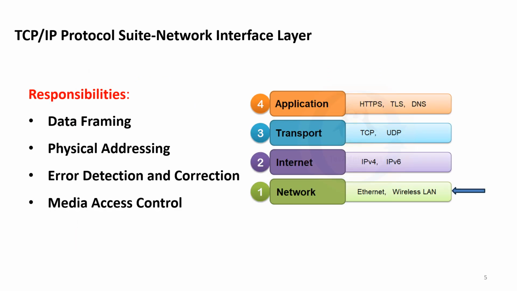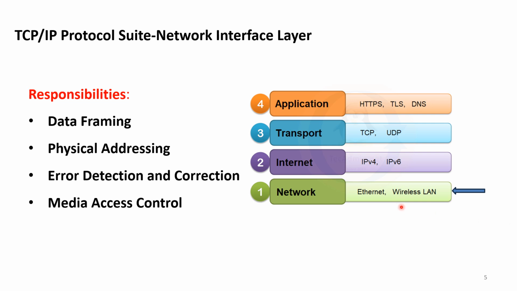And the first layer of the TCP/IP model is the network interface layer. This layer handles communication on the local network segment and manages the physical and logical connection between devices.